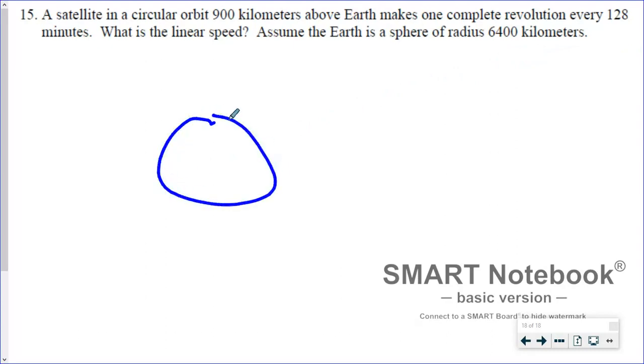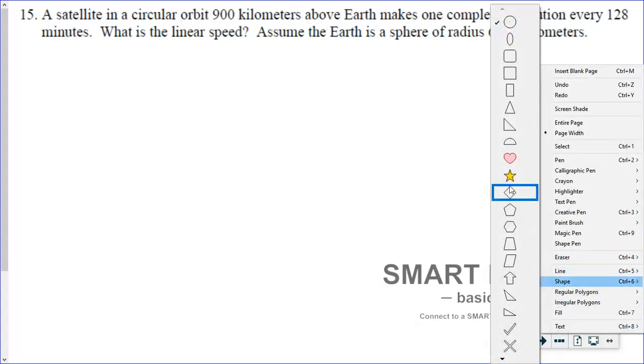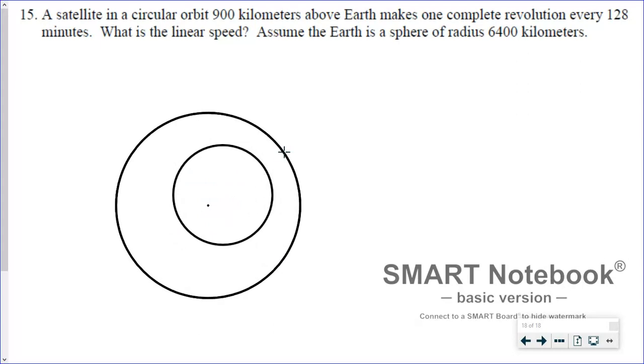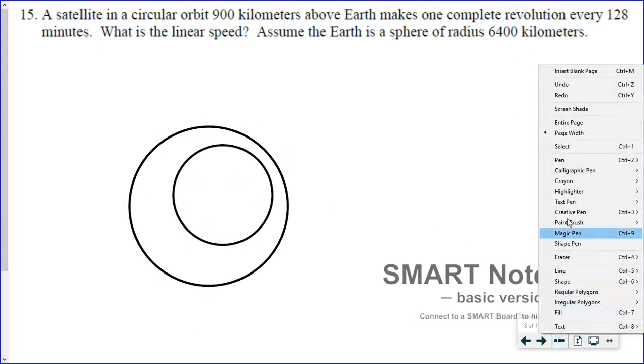So we have the Earth. It's hard to draw circles on this thing, so let's make them nice. There's the Earth, and we also have a satellite going around the Earth.